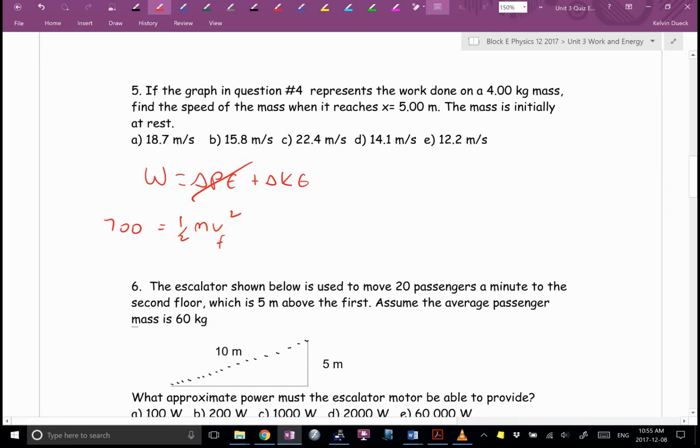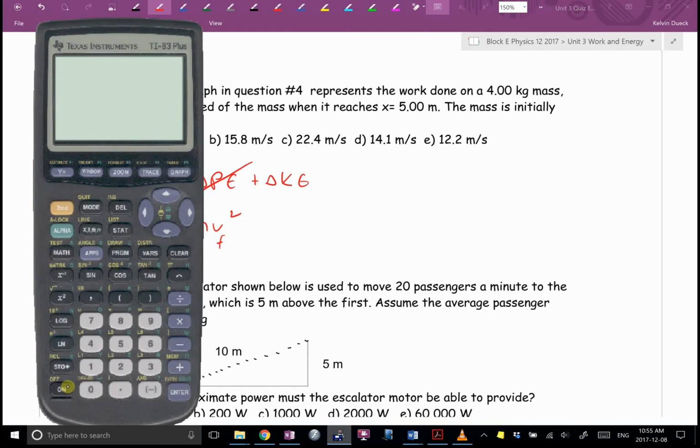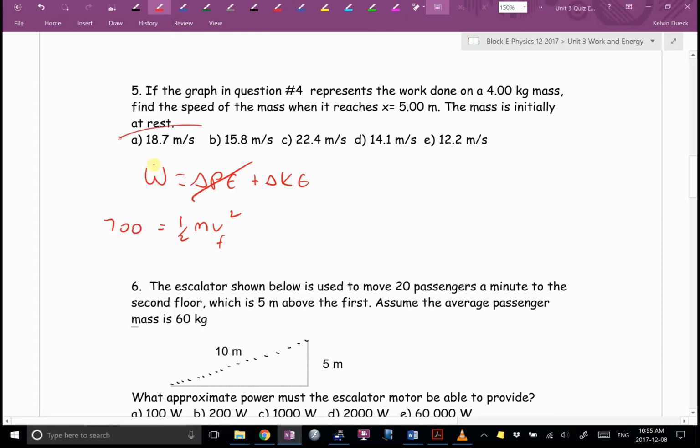So it's going to be that. How will I get the v by itself? Times by 2, divide by m, square root. Yes? So 700 times by 2, divide by 4, square root, 18.7. Okay. Yes?